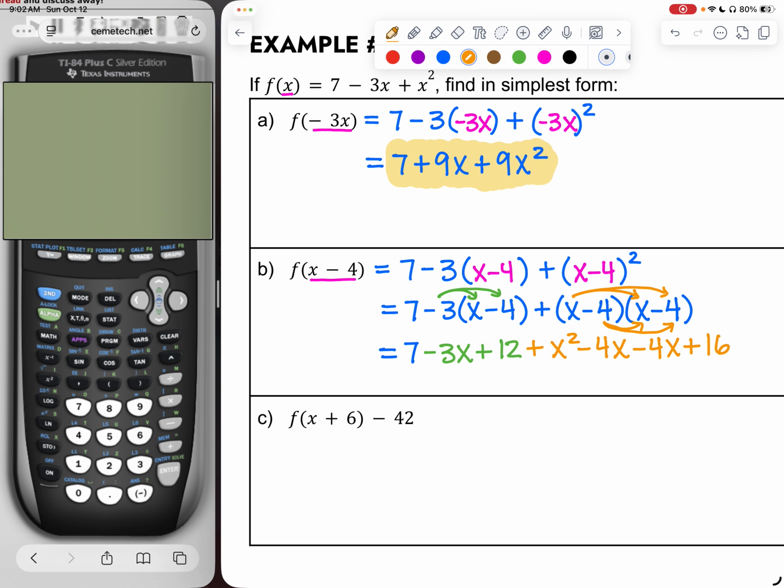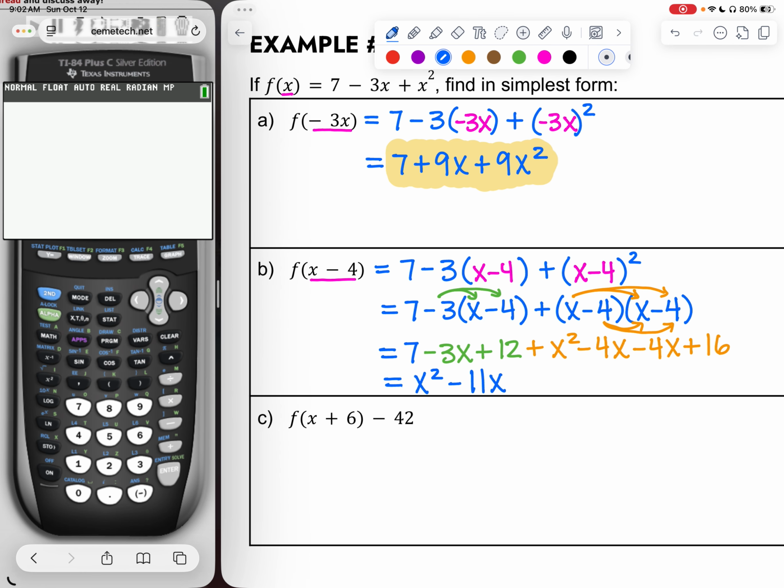All right. And then we can just combine like terms. So here we will have x squared is going to come down. I don't have anything to combine with it. And then we are going to add up all of our x's. So -3 minus 4 is -7. Minus 4 more is -11. So that's -11x.